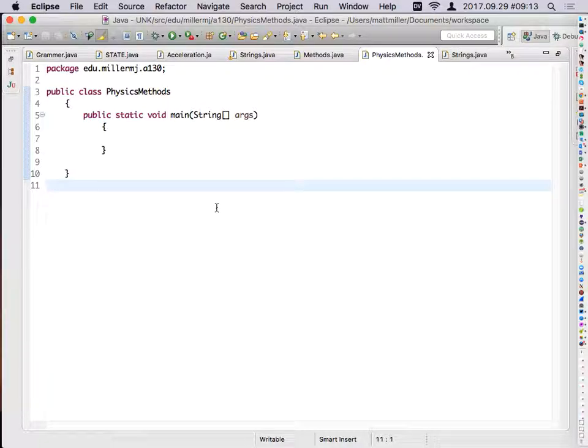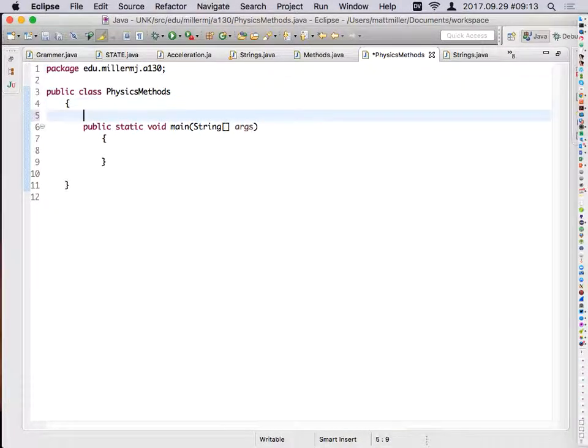No. Where does it go? Somebody whispered inside. It's inside something. I can put it here? Remember, it has to be inside of the curly brackets that define your class. But it can't be inside some other method. So make sure you don't do that.